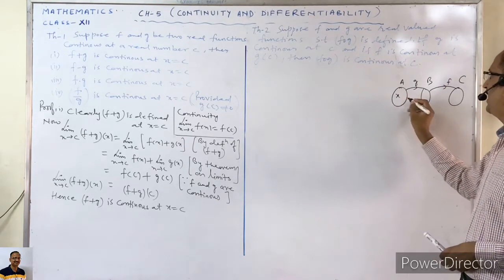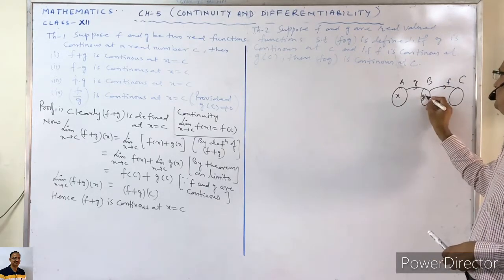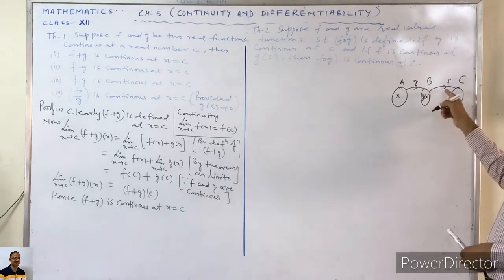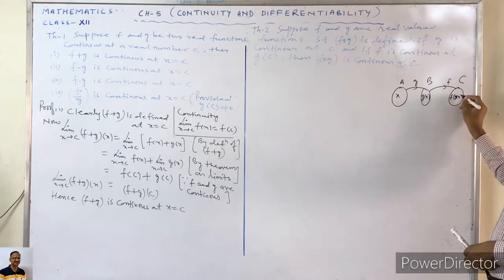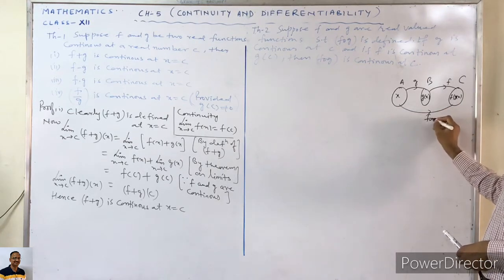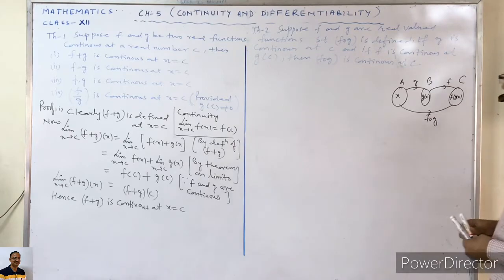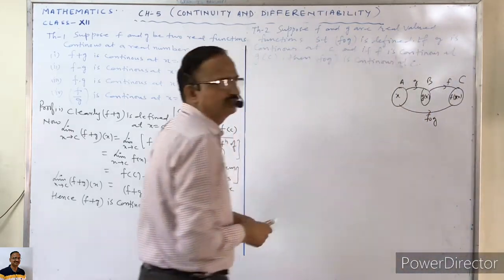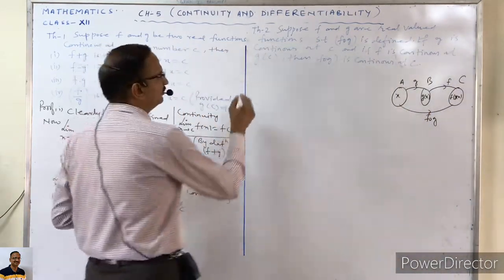Here if it is x, then this is g(x). For this f, it becomes f(g(x)), and directly we can say that this is fog. Okay children? Now we will start the proof.